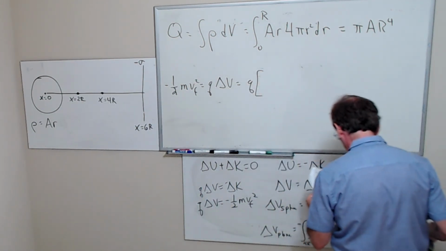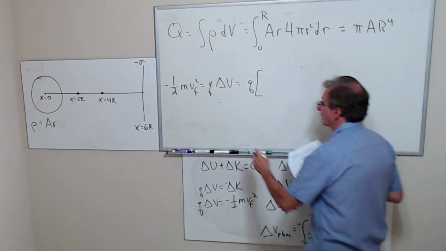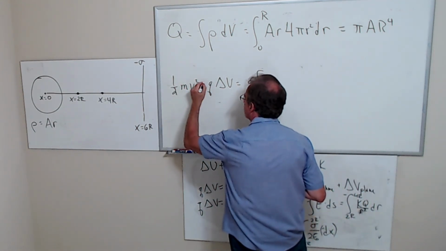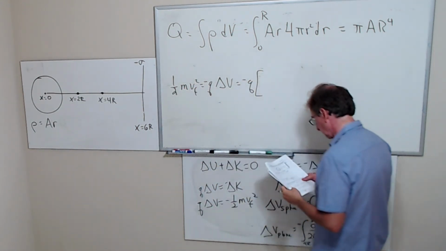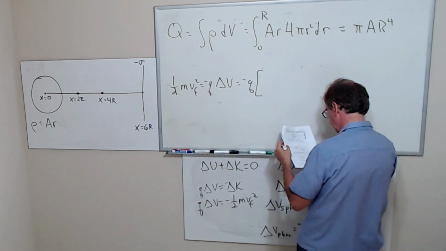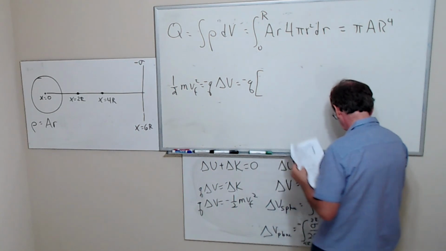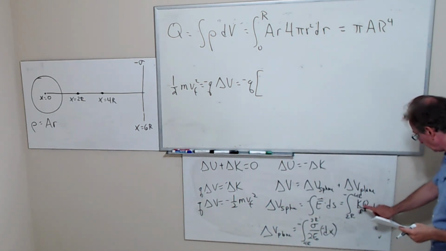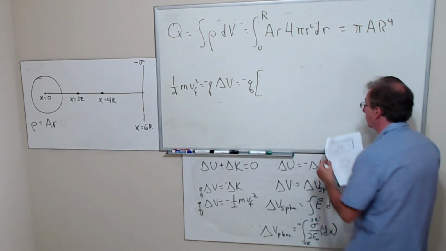So now let me put in my expression for, in fact, let me move this to the other side of the equation. And so now I'm going to write my delta V's. Let's see, when I integrate this, I get a negative that comes out. So I'm just going to get kq over r.